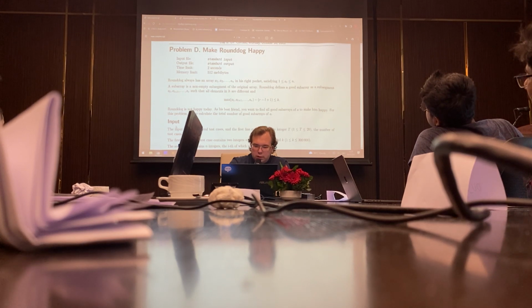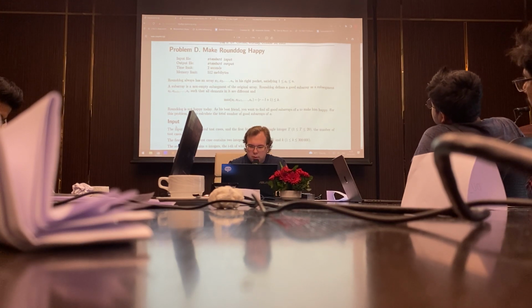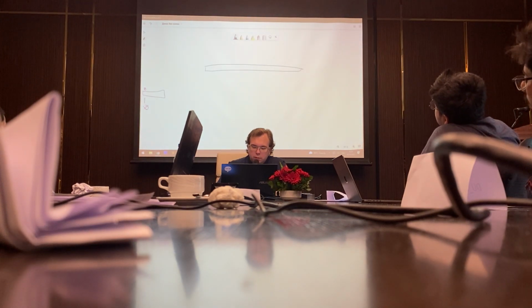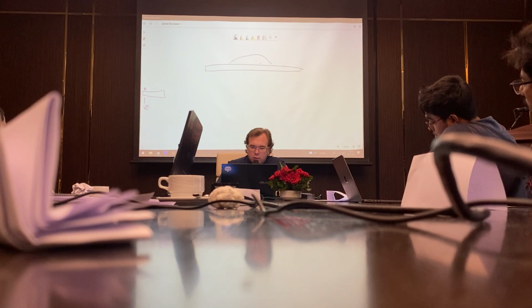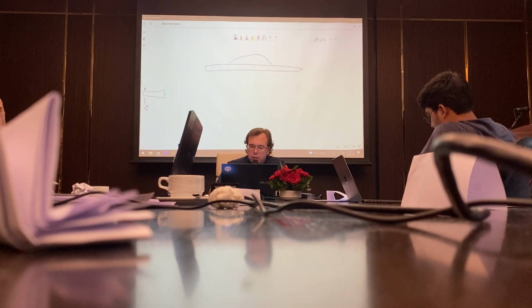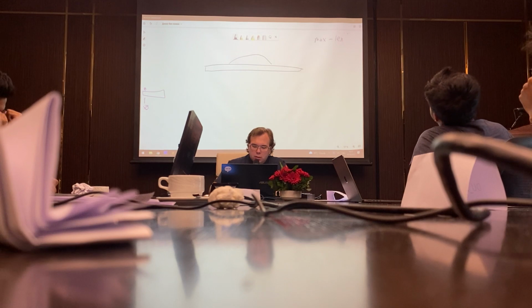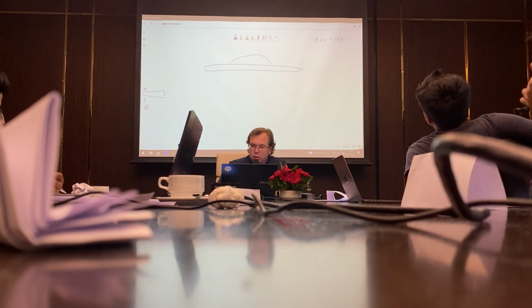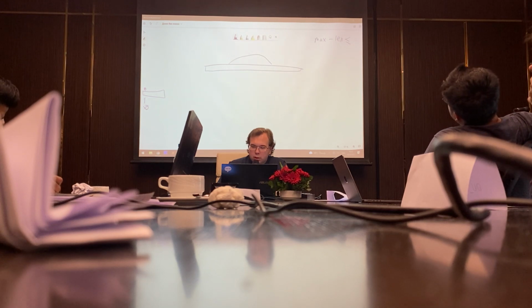You need to find the number of such segments, so that the maximum of the segment minus its length is not more than number k.